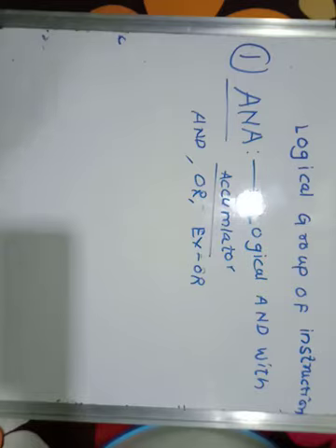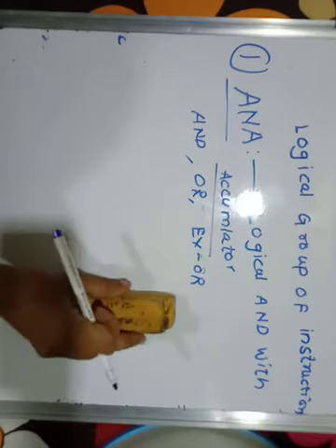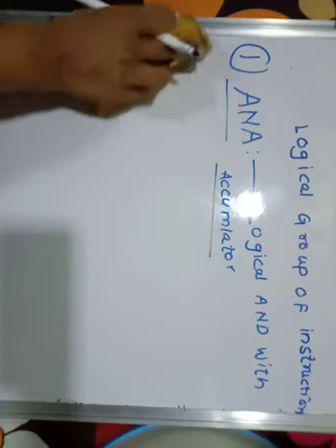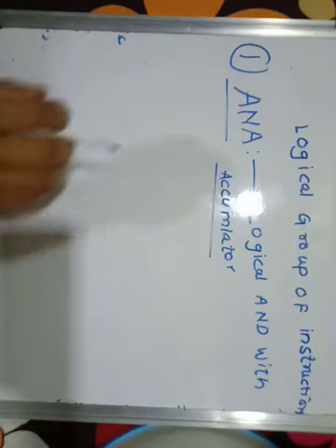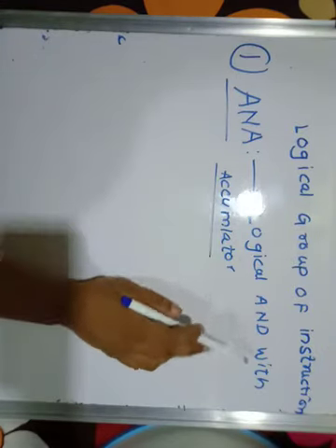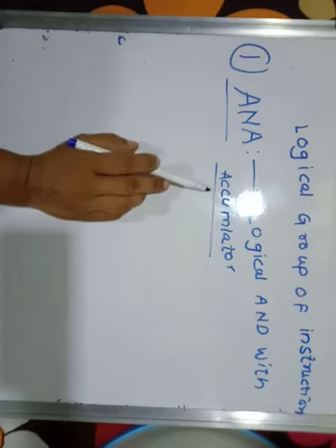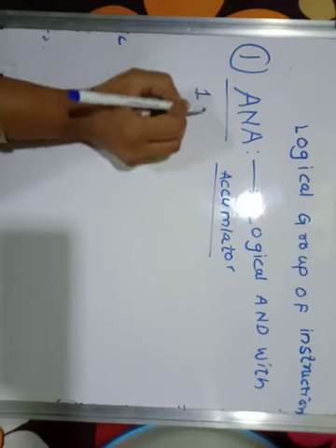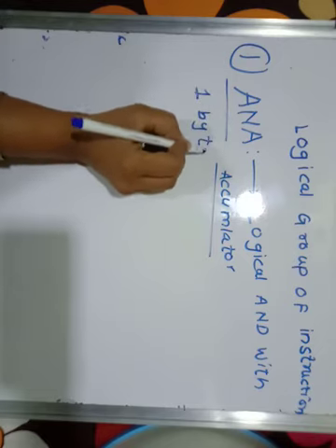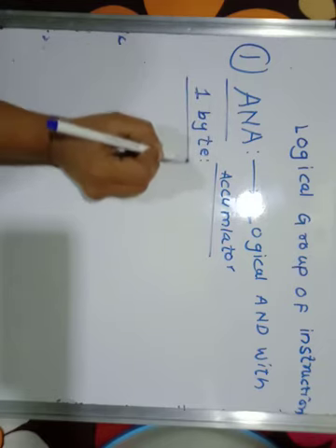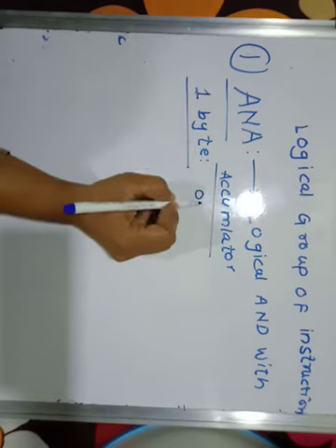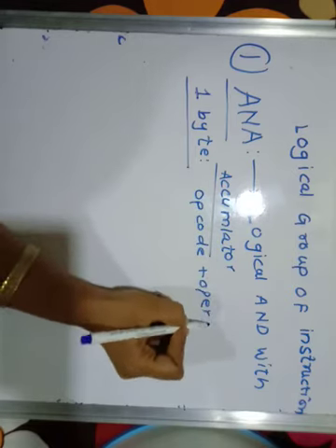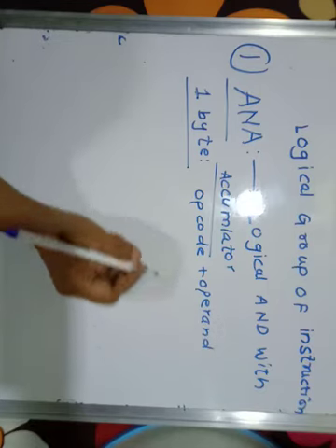Okay, so the first instruction is based on the AND gate and the AND truth table. So we have logical AND with accumulator. This is a single byte instruction, means 1 byte instruction. So the meaning of 1 byte is that the opcode and operand are implicit in a single byte.